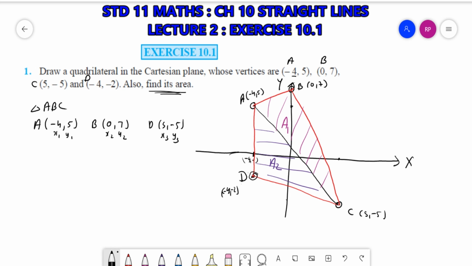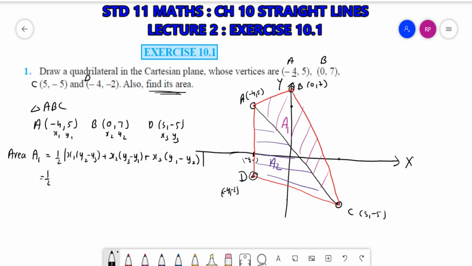Now we know the formula for area A1, that is of triangle ABC: half modulus of x1 times (y2 minus y3) plus x2 times (y3 minus y1) plus x3 times (y1 minus y2), and its modulus.